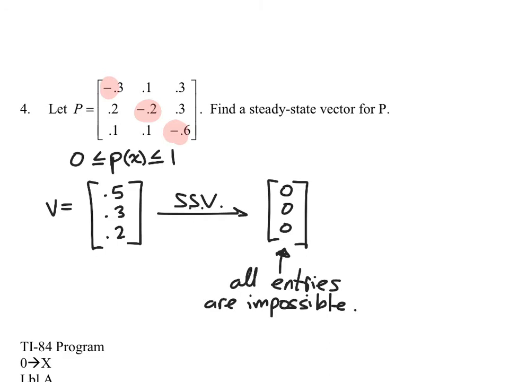If you're dealing with all possibilities, you're dealing with 100%. 100% in decimal form is 1. So if you think of each one of these entries as a percent of the whole, where the total of each column represents the whole, then it should make perfect sense what you're looking for. You're looking for a percent value in decimal form between 0 and 1, where each column has to add to equal 1. And the same thing is true for your initial state vector.